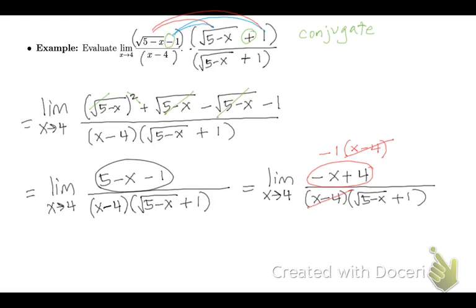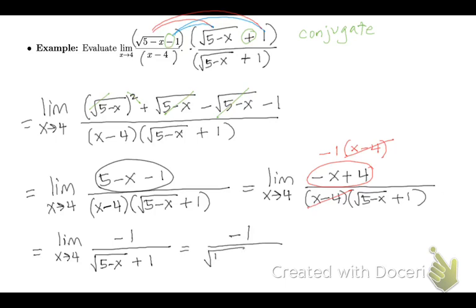All right, so then I'm almost ready to do my limit. I've gotten rid of my 0 over 0. I've got limit as x goes to 4 of -1 on top, and then this weird radical business from my conjugate on bottom. Okay, and now when I plug in 4, I'm not going to have anything equal to 0. -1 on top is just -1.